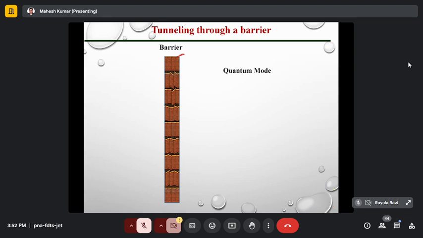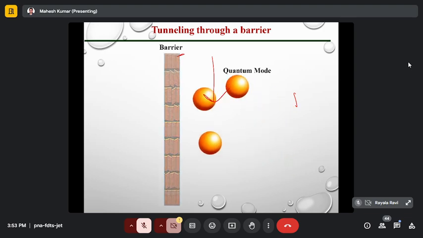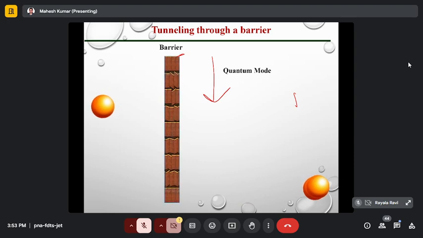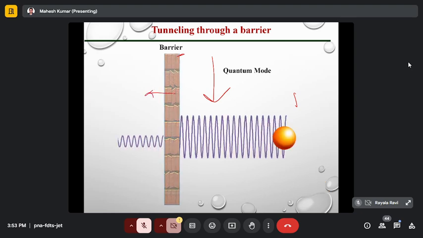But as per the quantum model, even if the electrons' energy is lower than the barrier, if the thickness of the barrier is very small, a few carriers can tunnel or cross the barrier, and this phenomenon is a quantum mechanical phenomenon.